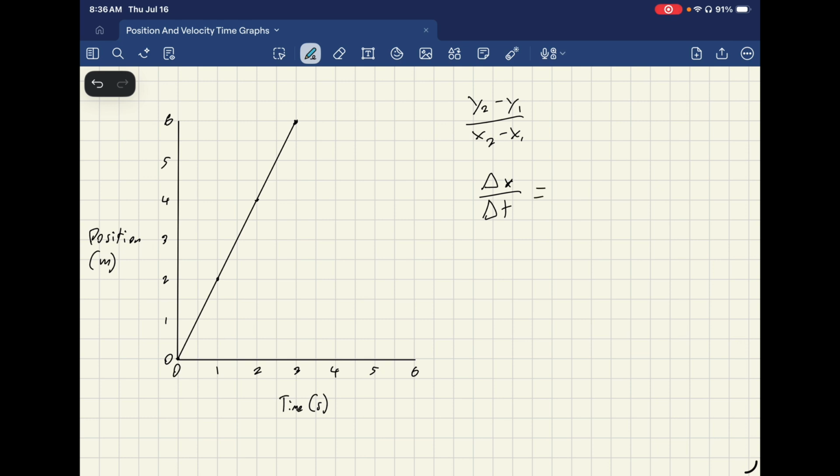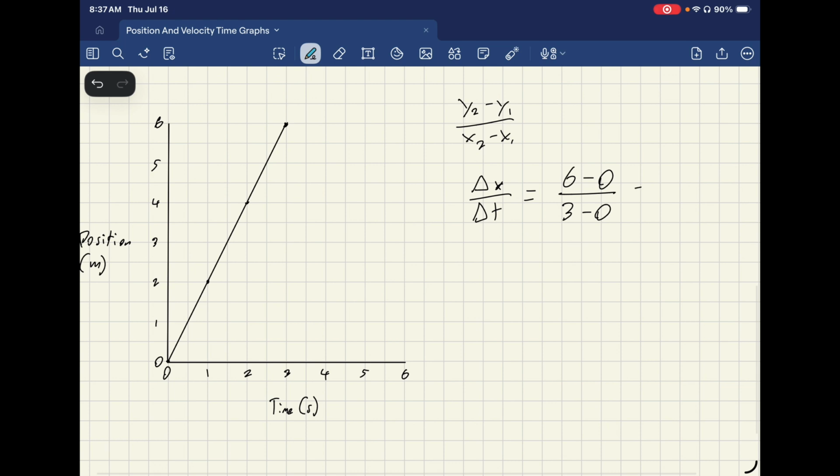So this is going to be 6 minus 0 divided by 3 minus 0. So again, this is just the ending position value minus the beginning position value, and then the ending time value minus the beginning time value. And if you calculate this out, you get 6 divided by 3 equals 2.